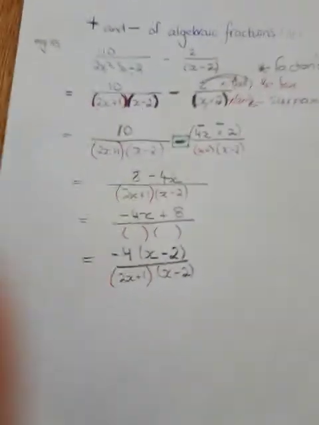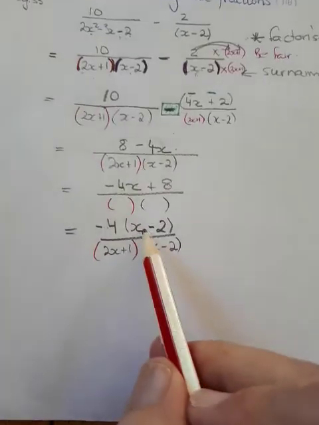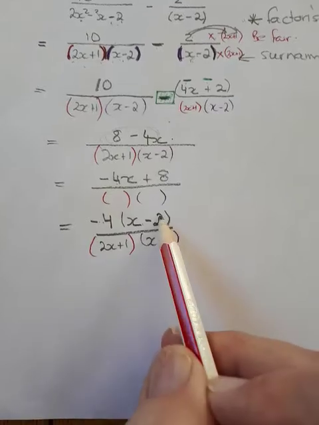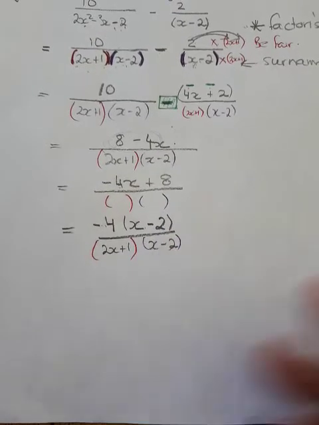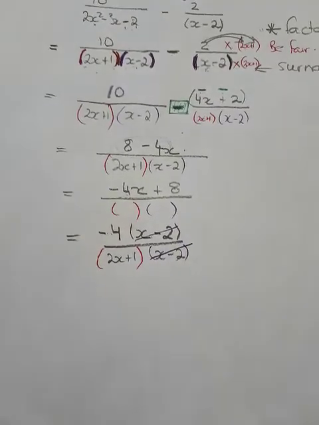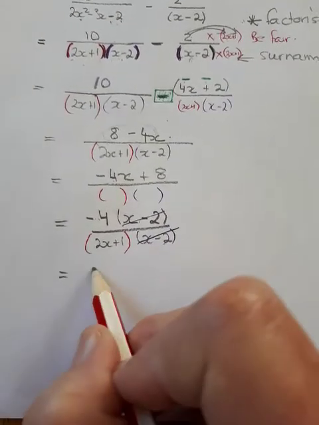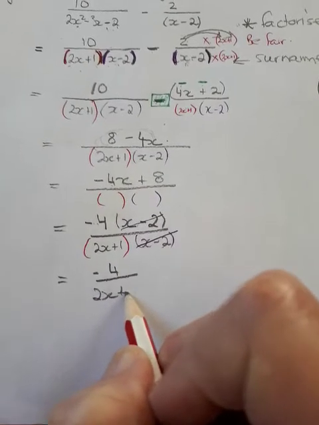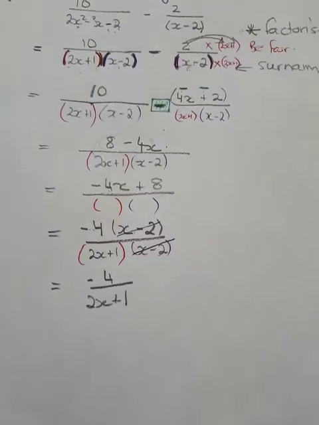But now if you look, you can see that this bracket and this bracket is exactly the same, and dividing by itself gives me 1, so I can cancel that, which now gives me negative 4 over 2x plus 1 as a final answer.